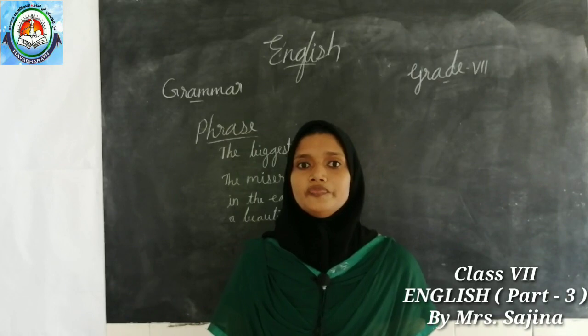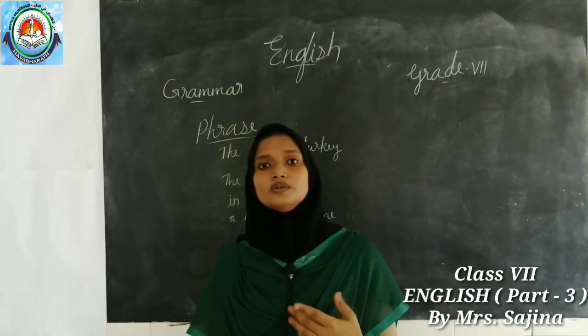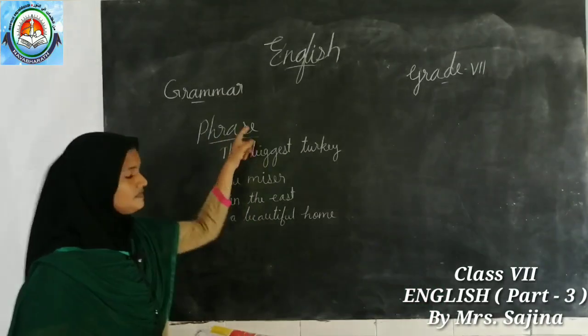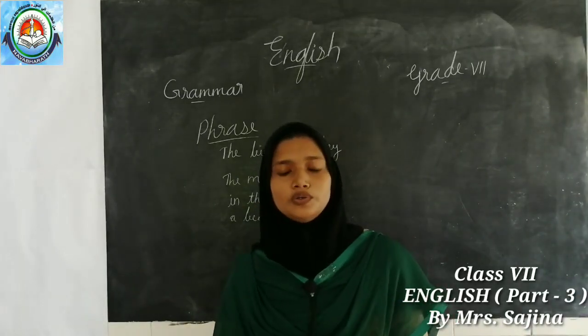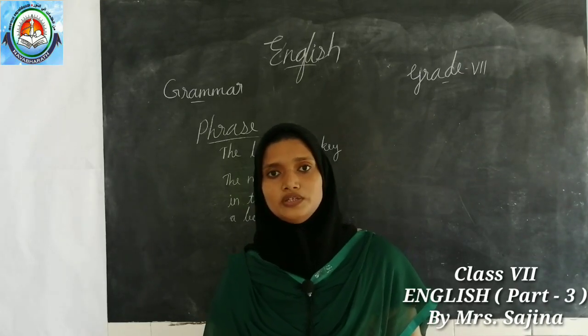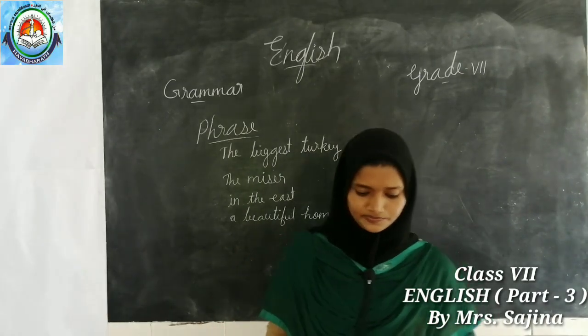So, today we are going to learn grammar portions: phrases, clauses and sentences. First, we are going to deal with phrase. A phrase is a small group of words without a finite verb that has a particular meaning and forms part of a sentence.